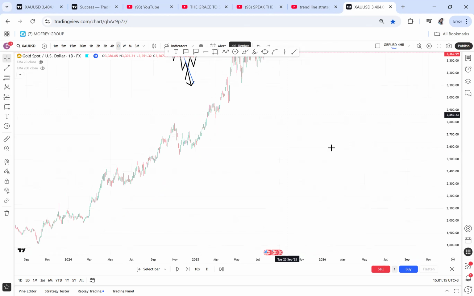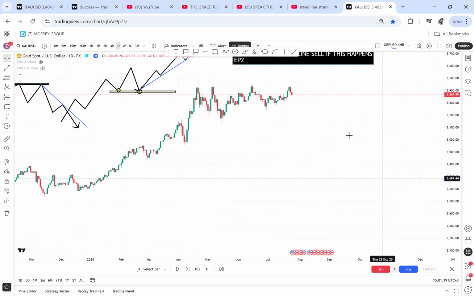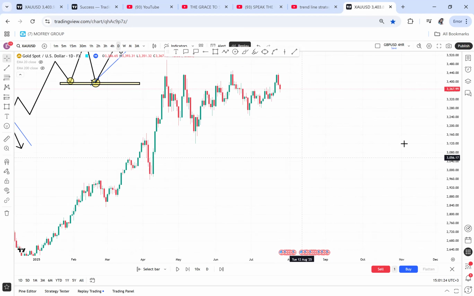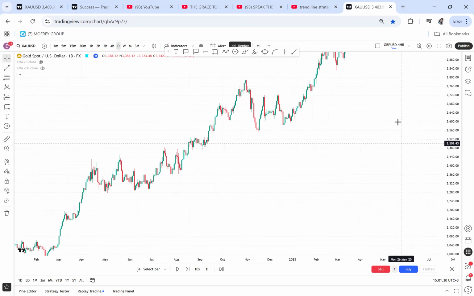But right now, I just want to give you a trick. You just look for where there are double bottoms, because the market is on an uptrend. We are looking for a double bottom to guide us on the trendline.